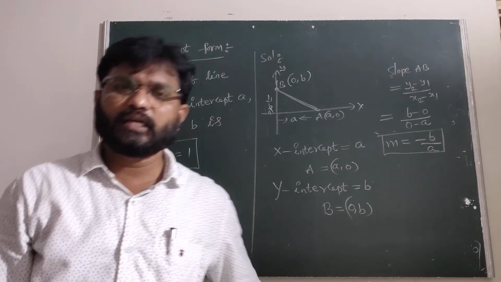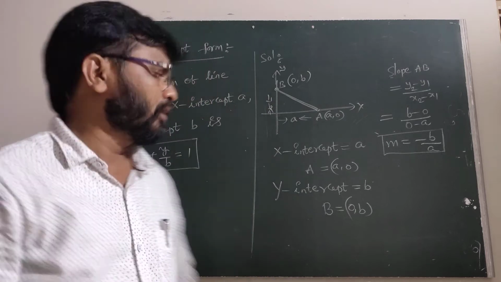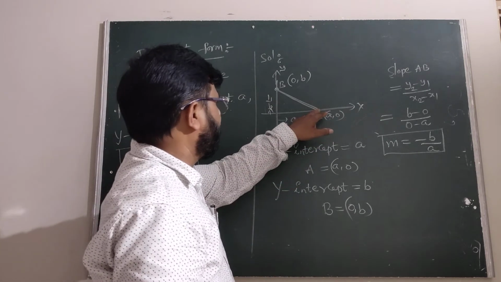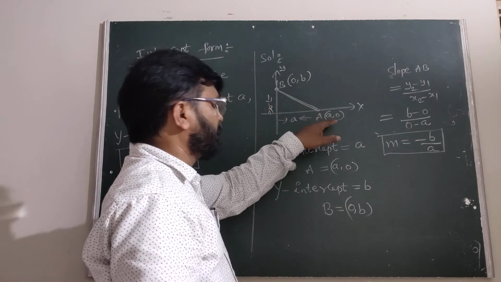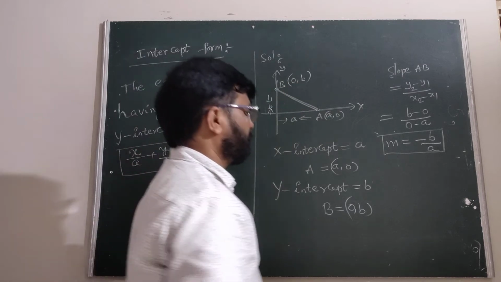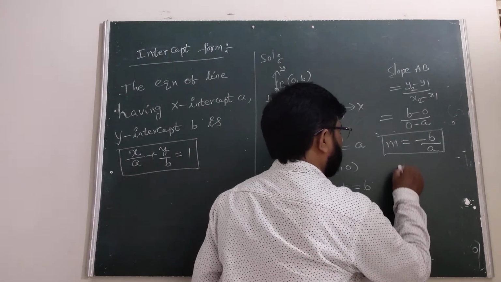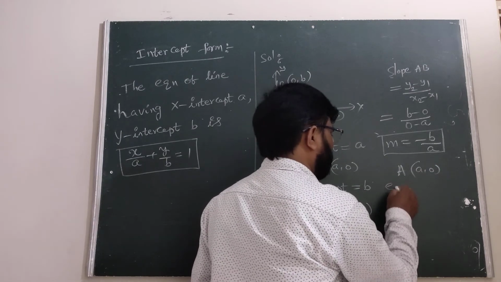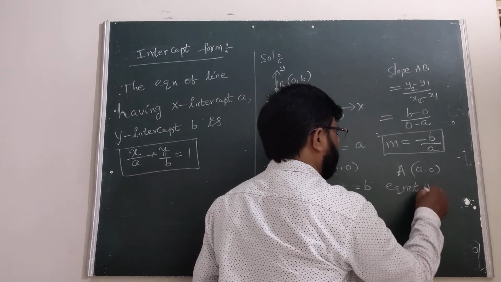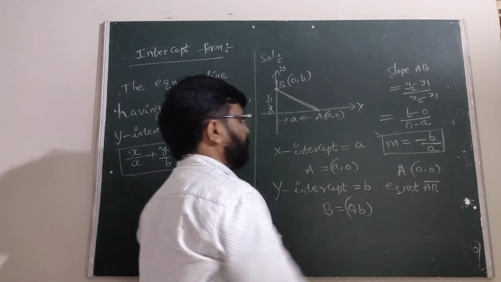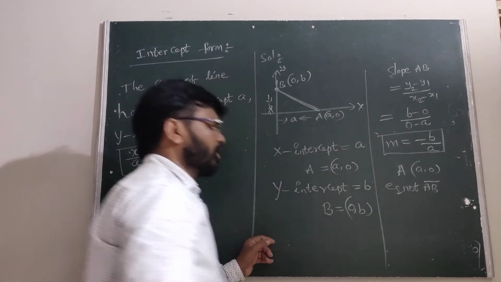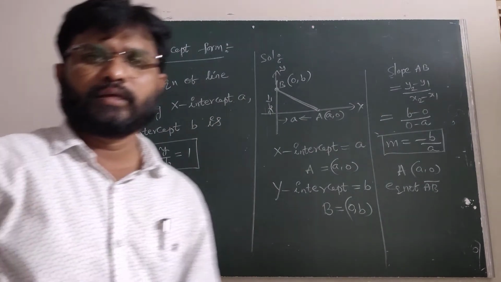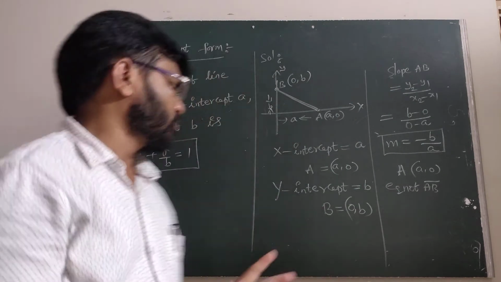Now we know the equation of the line passing through either point A or B, we have to take either A or B. Then you can write A equal to (a, 0). The equation of AB: we know that the equation is y minus y1 equal to m into x minus x1.